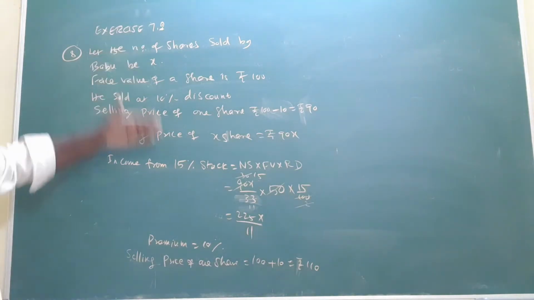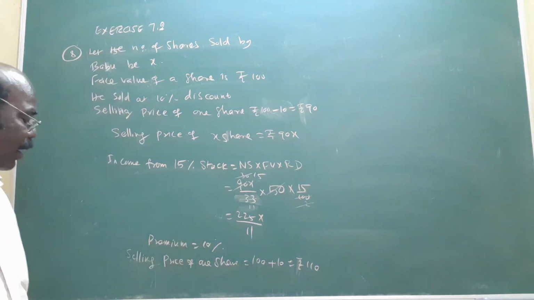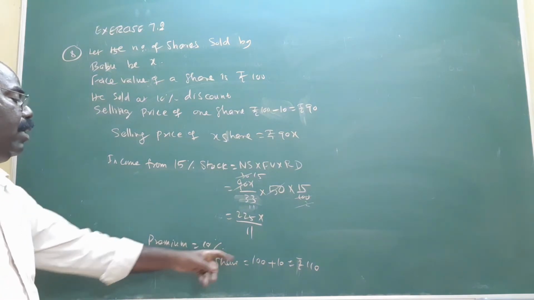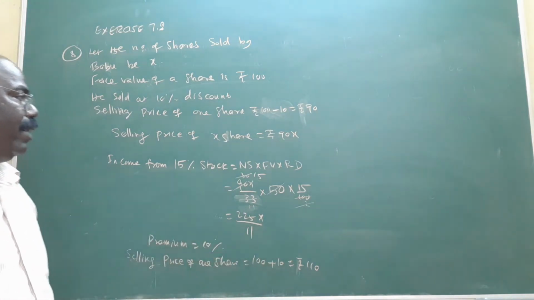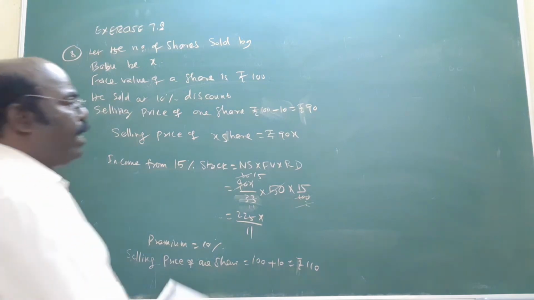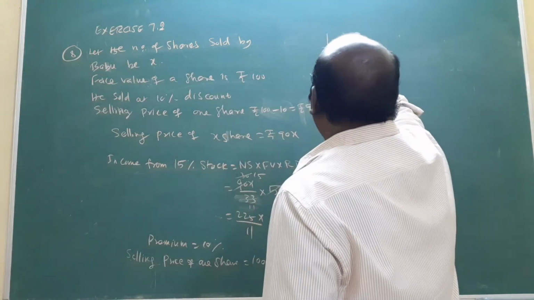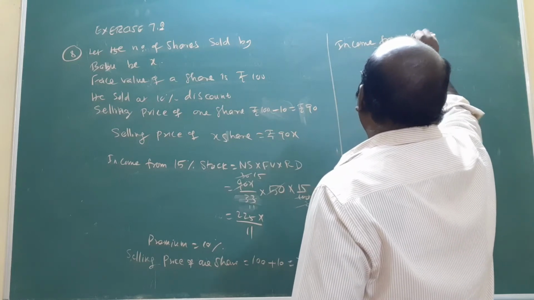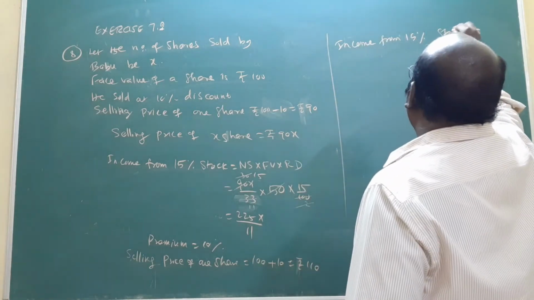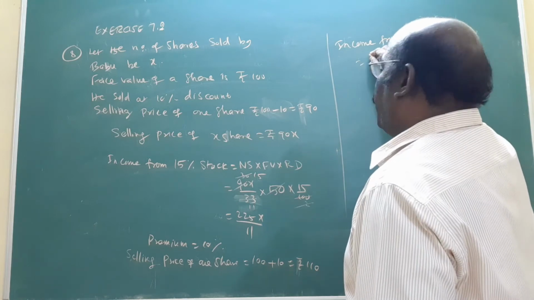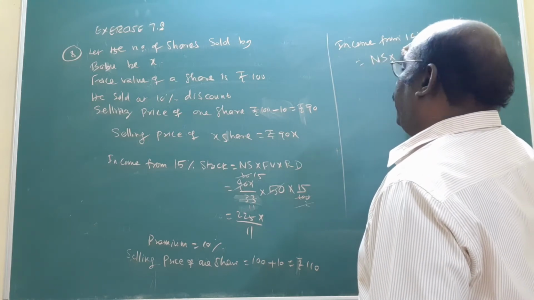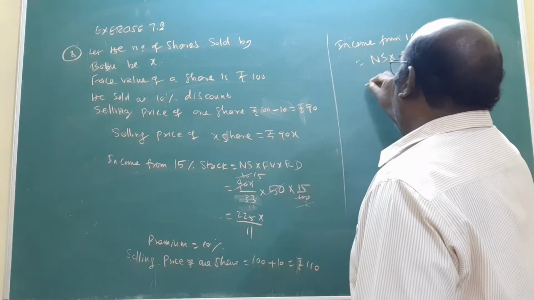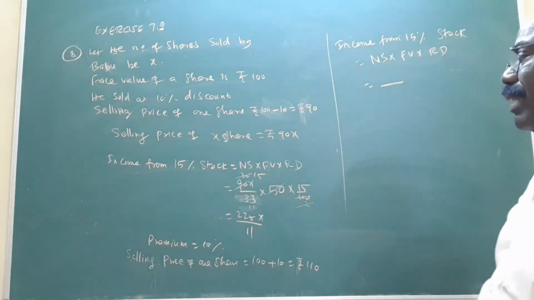Now the same previous area, but here premium 10% is given. Our selling price is what? 100%, 110. This is the formula. Again the same concept. Income from 15% stock equals the same formula: number of shares into face value into rate of dividend. Now number of shares, what is the answer?